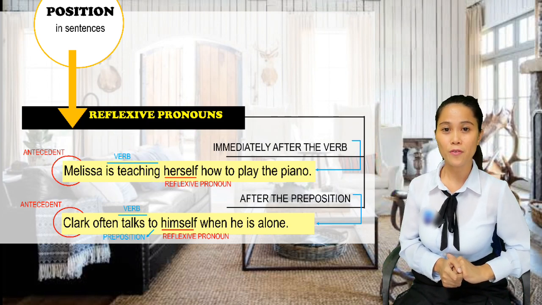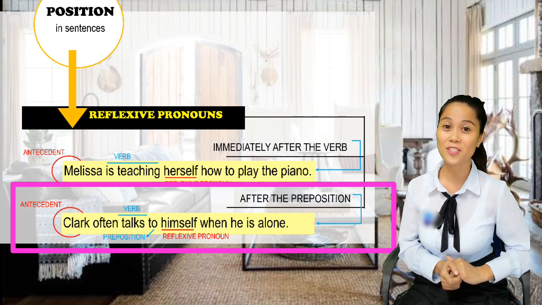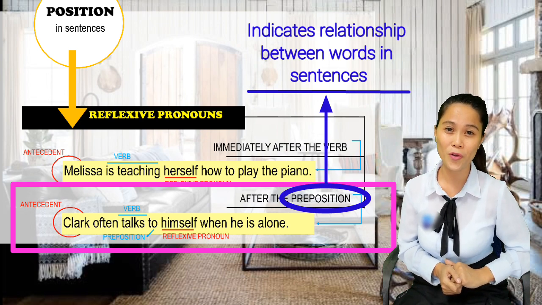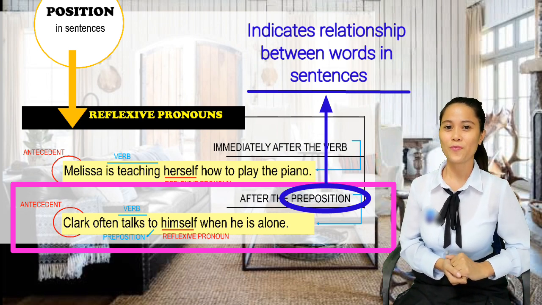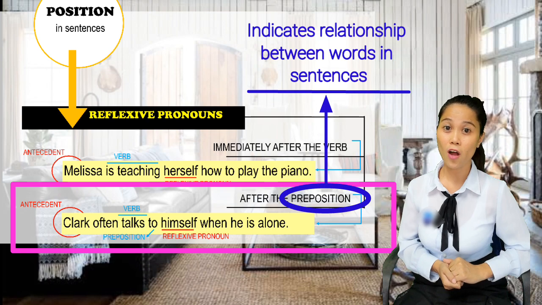We can also find the reflexive pronoun after the preposition. What are prepositions? Prepositions are words that make connections among the words in sentences, or make connections among sentences. Like in, on, at, with, of, under, below, and so on and so forth. For example, this sentence: Clark often talks to himself when he is alone.